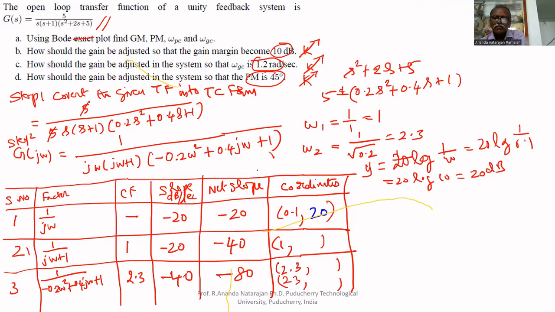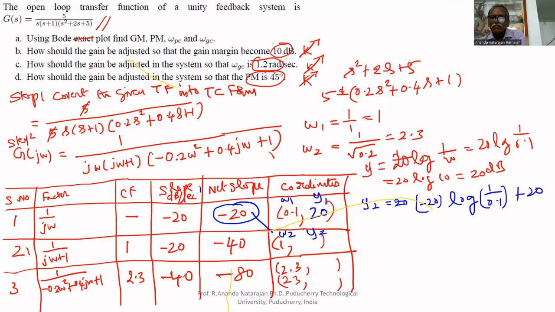The next one, now this becomes omega 1, y1, omega 2, y2. Therefore, y2 equal to, here we have to use this slope, minus 20 log omega 2, that is 1 by 0.1, plus 20.